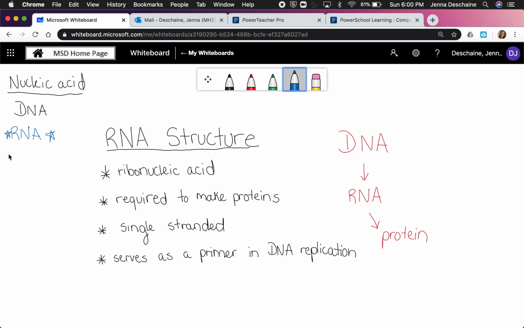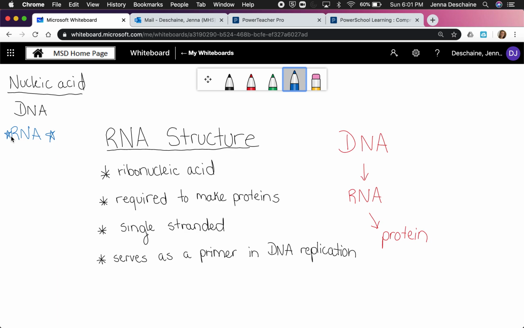We're going to talk about RNA today because RNA is really important for the DNA replication process. So today I want to go over RNA and its structure, and then for the rest of the time, you're going to be working on some models of DNA that I'm sending to you in the school lesson.